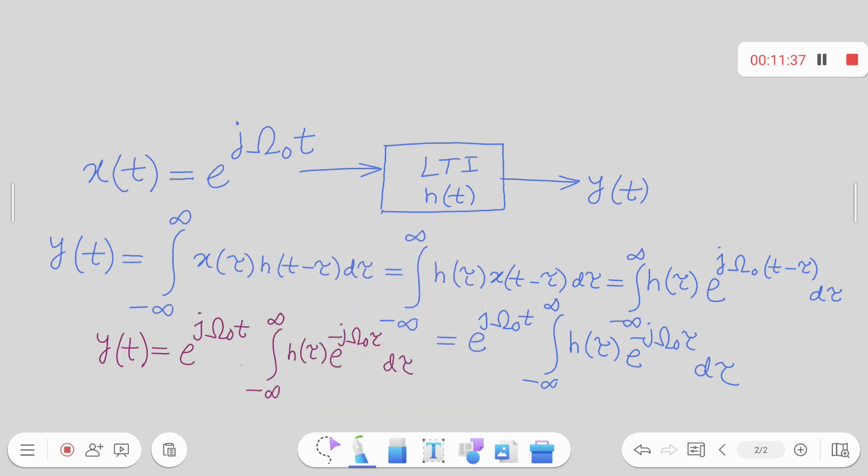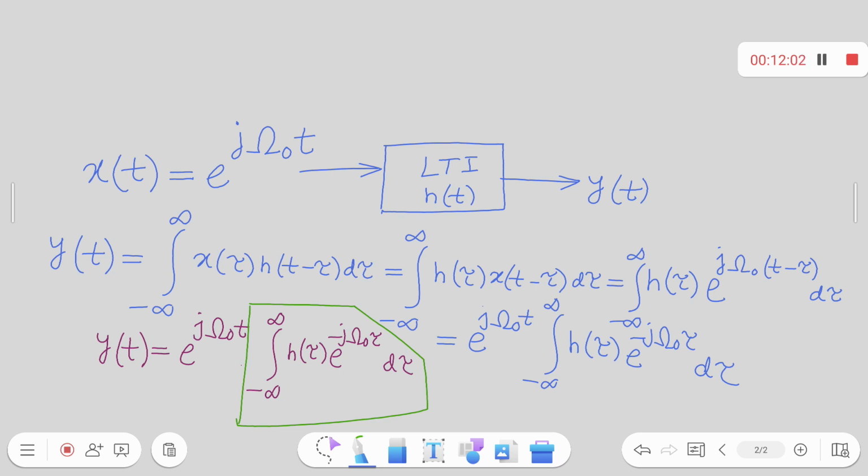And let's segregate this one. So what we have applied? We have applied e to the power j omega naught t at the input to the system, x of t, right? We have applied e to the power j omega naught t. What we are getting? We are getting y of t.